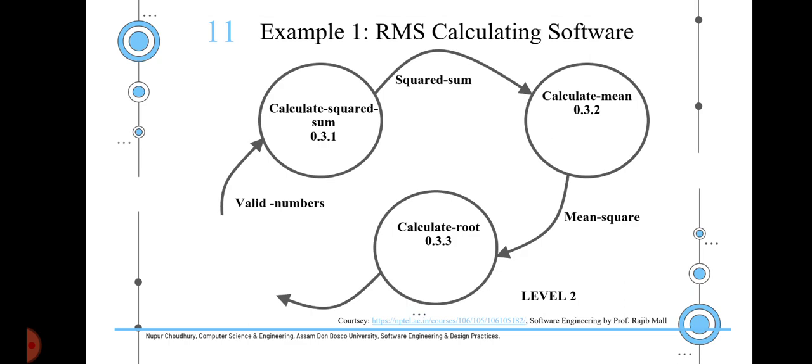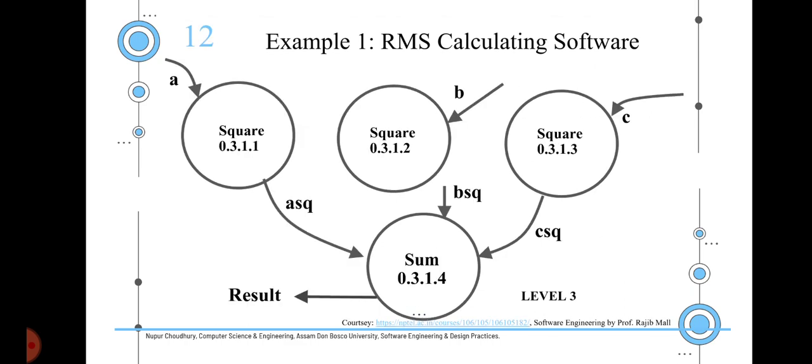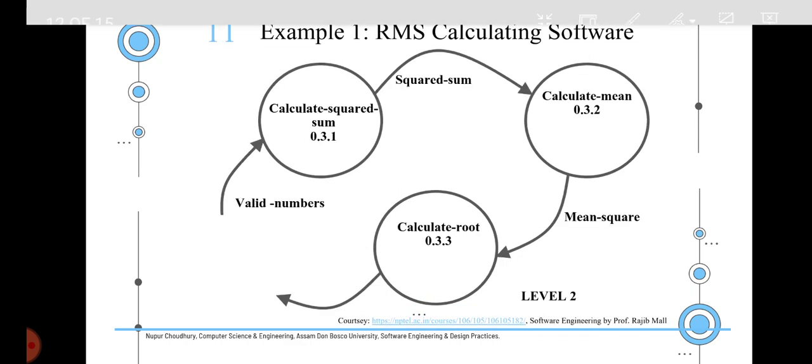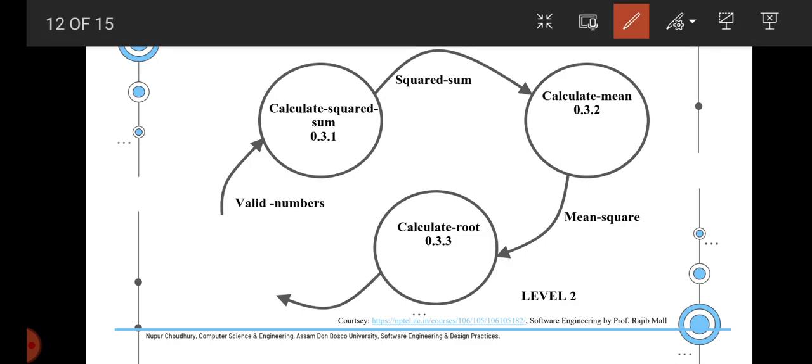So when we have a look at this, this is the level 2 DFD, and we will be breaking down the 0.3 process number into 1, 2 and 3 respectively.